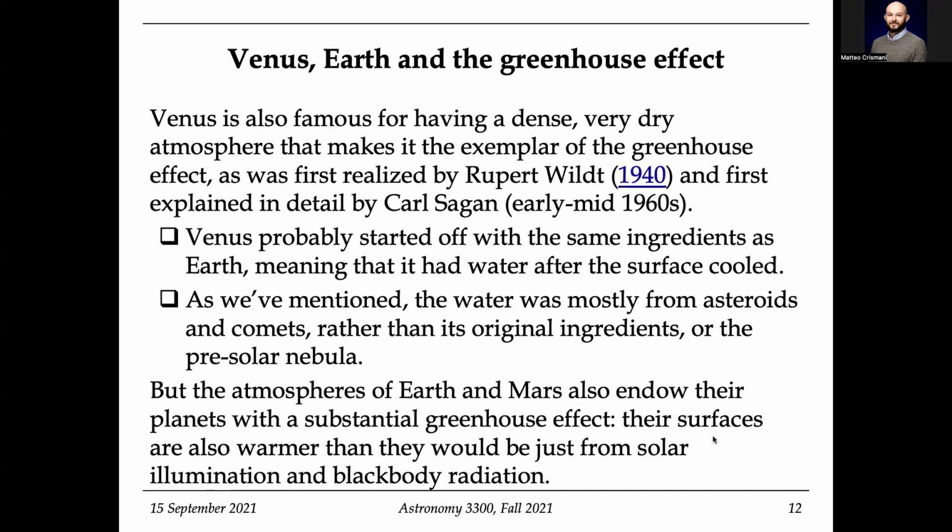This one is equal to 1 AU. This one is equal to 0.7 AU, approximately. Here, the flux from the sun at Earth is some number. Here, the flux at Venus is that.